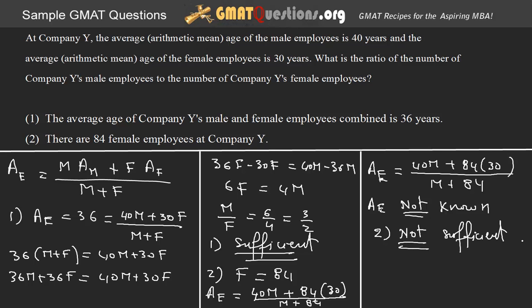Number one is sufficient. Number two is not sufficient. In data sufficiency terms, it means that the correct answer is A. So let's write that down. A is the correct answer.